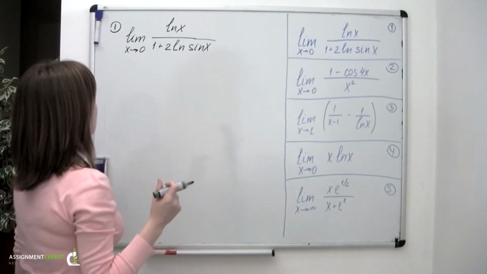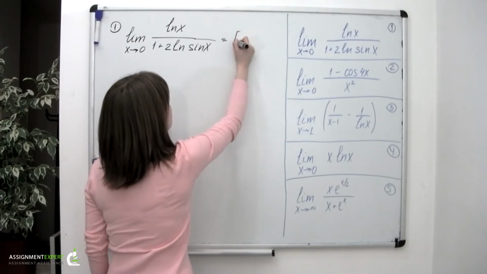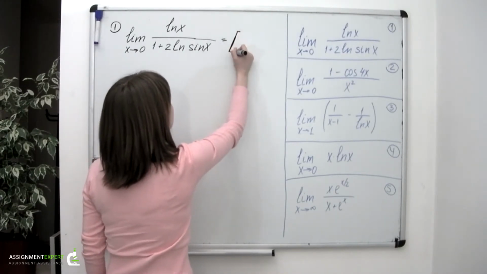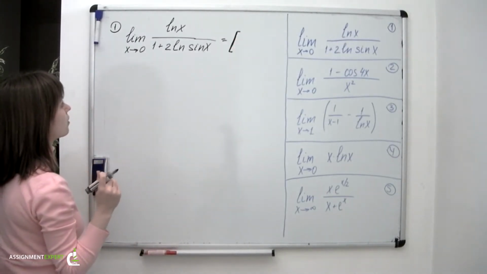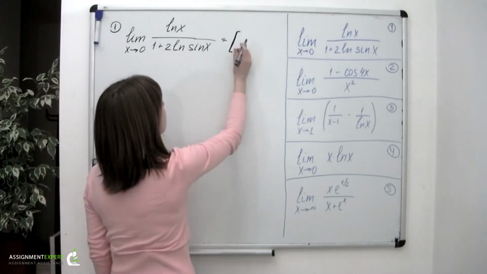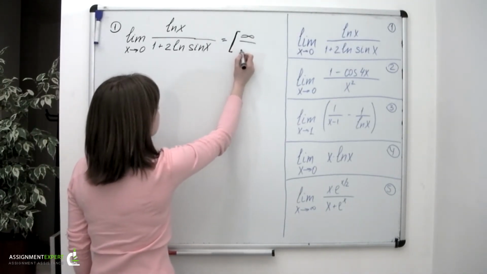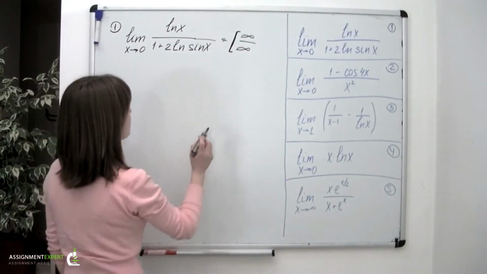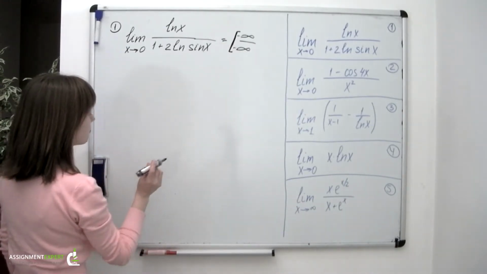So obviously, this is a quotient of the form infinity over infinity, or to be more precise, negative infinity over negative infinity.